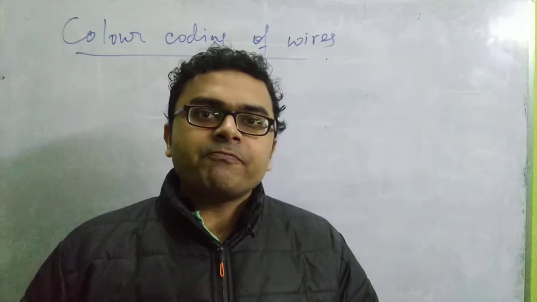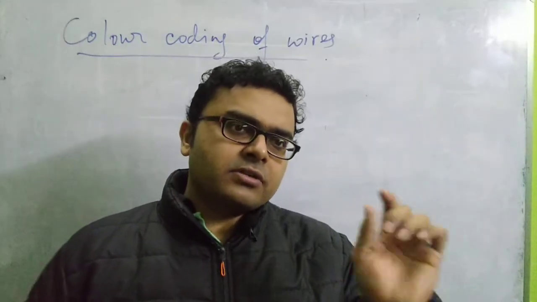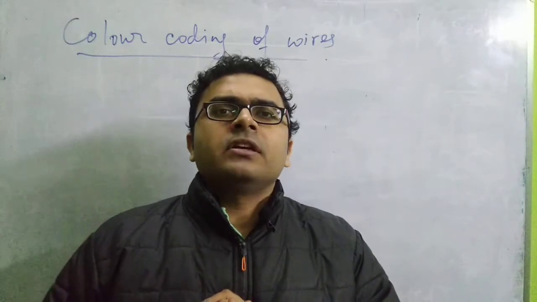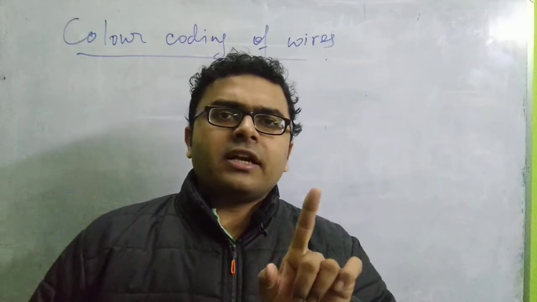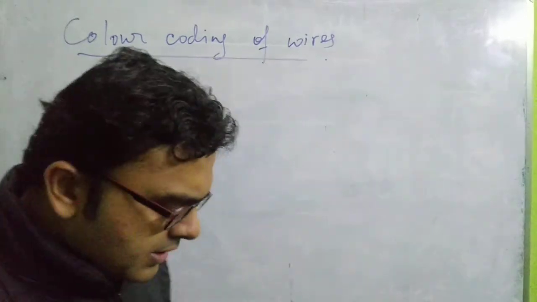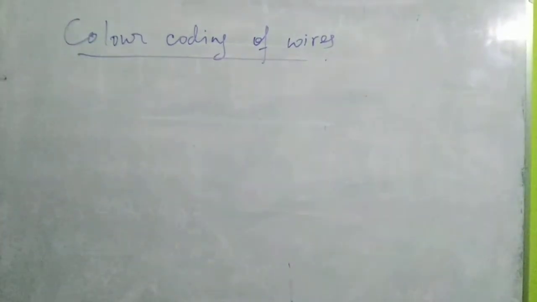One is the live wire, through which the current comes into the device. One is the neutral wire, through which the current goes back to the source, and there is another, the earth wire.